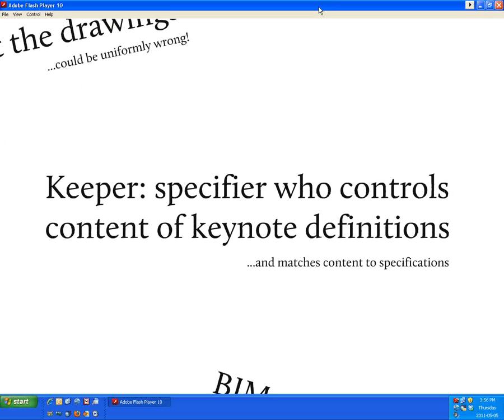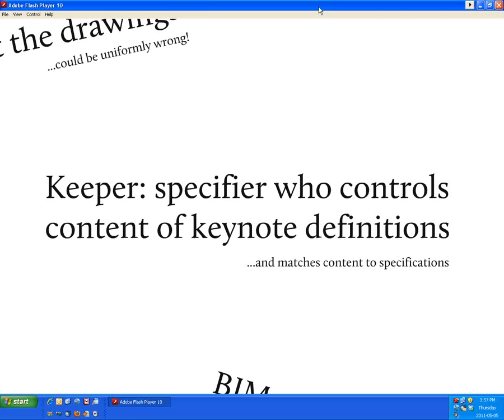As the specifier, I'm actually working with several firms that are using BIM and very committed to BIM, and what we have tried to put together is a role for me as the outside consulting specifier. We're also maintaining these firms' master specifications, but we're setting these projects up so that we as specifiers will be the ones actually in control of the keynote list.